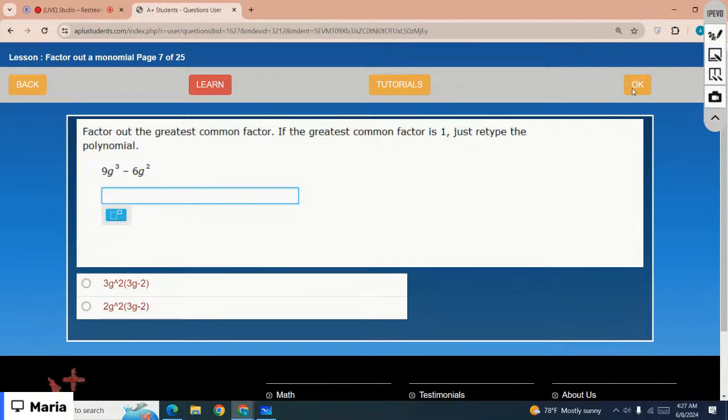The correct option is option number 1, that is 3g squared times 3g minus 2.